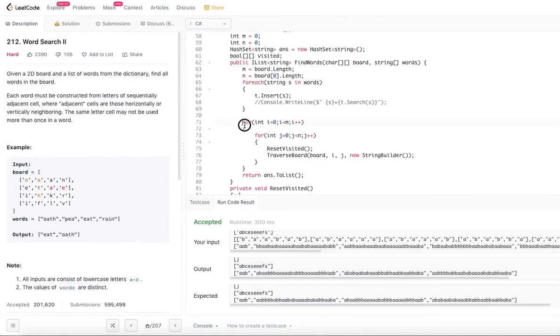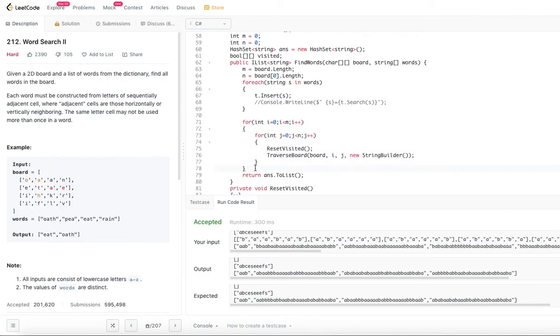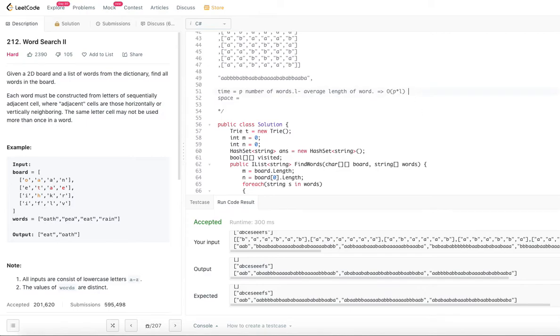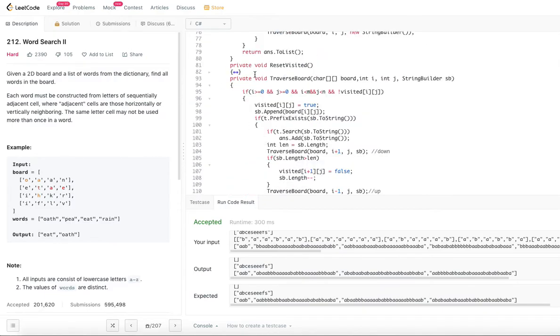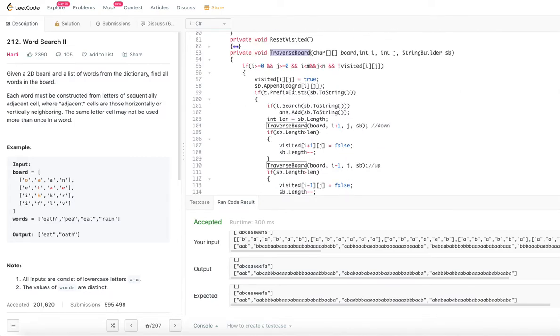And after that, we go through each cell, and we go further only for those characters or prefixes that exist in this word. So obviously this will take order of m into n, plus order of m into n. And traverse board is going through all the cells at most once, because we make sure visited is marked true once it is visited.